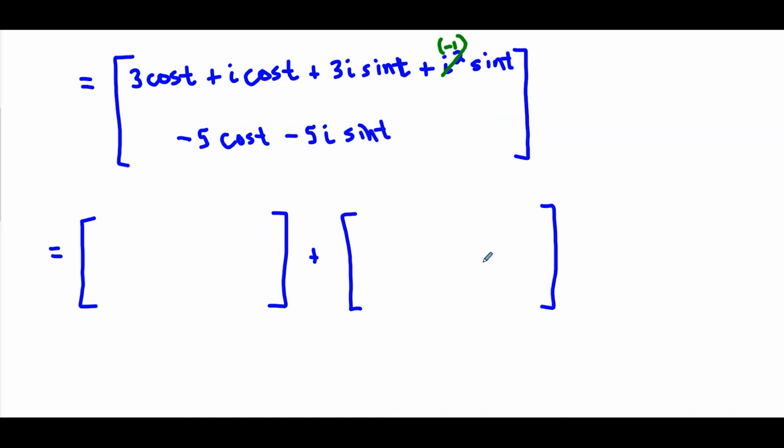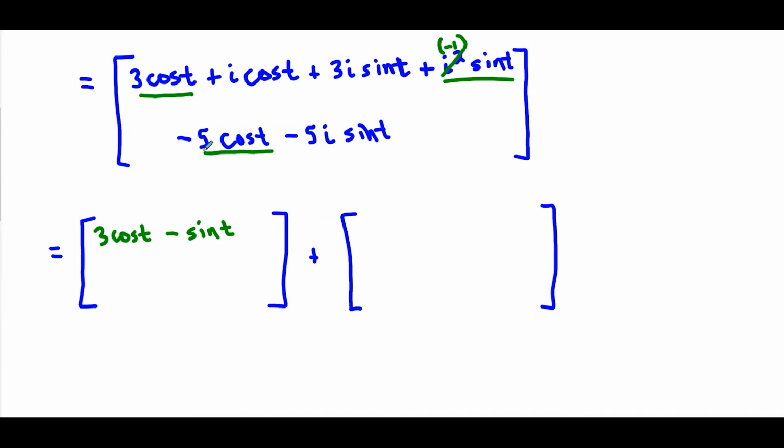Everything that has imaginary components, I'm going to put it in the second vector. So in the first vector, I'm just going to look for the ones that are real, the ones that do not have the imaginary i. So that's going to be 3 cosine t and then minus sine t. So we change that i squared to -1.